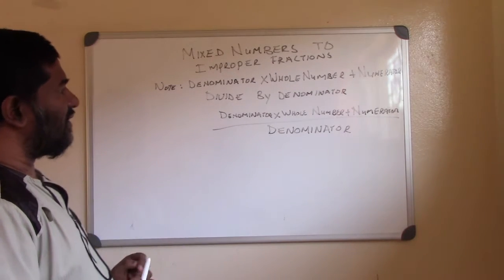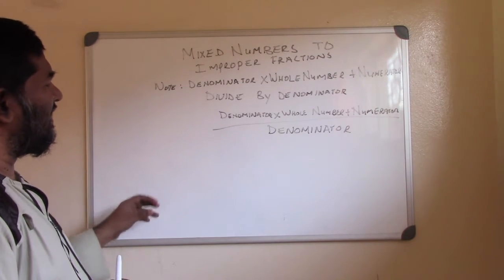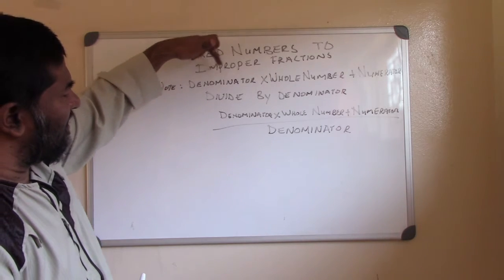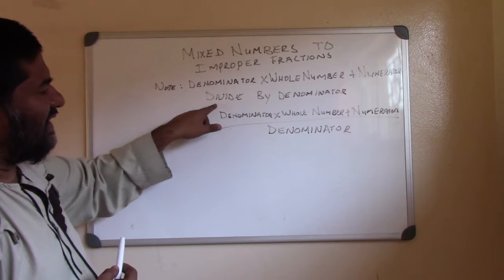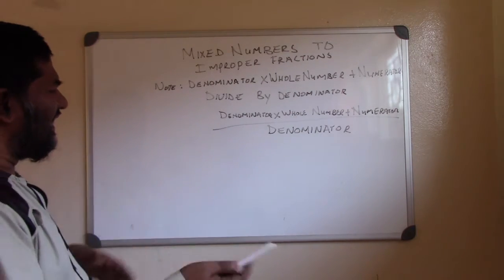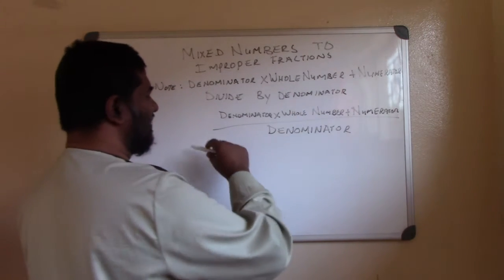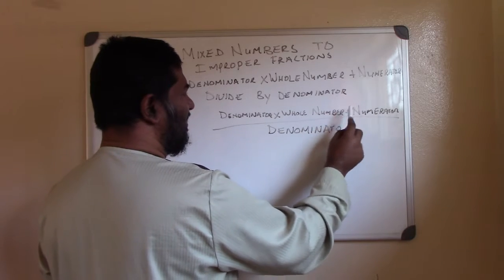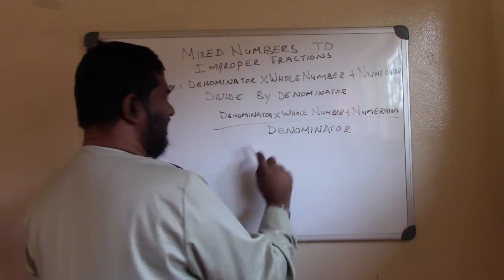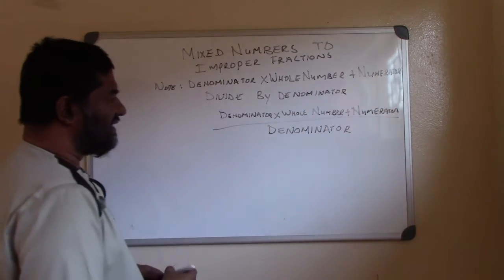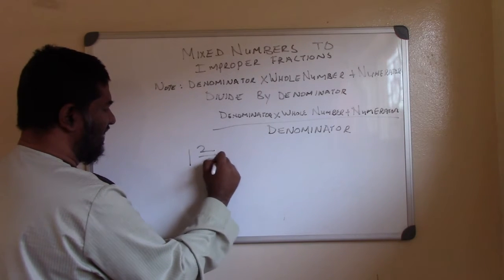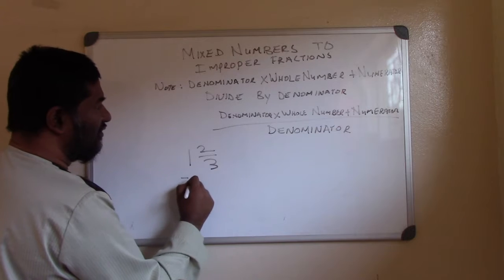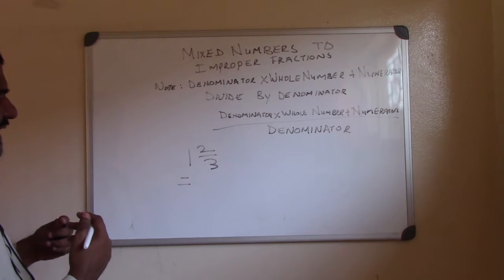Mixed numbers to improper fractions. What you're going to note here is you're going to take the denominator times the whole number plus the numerator, and then divide by the denominator. Now let's take an example, 1 and 2/3. What is my denominator?